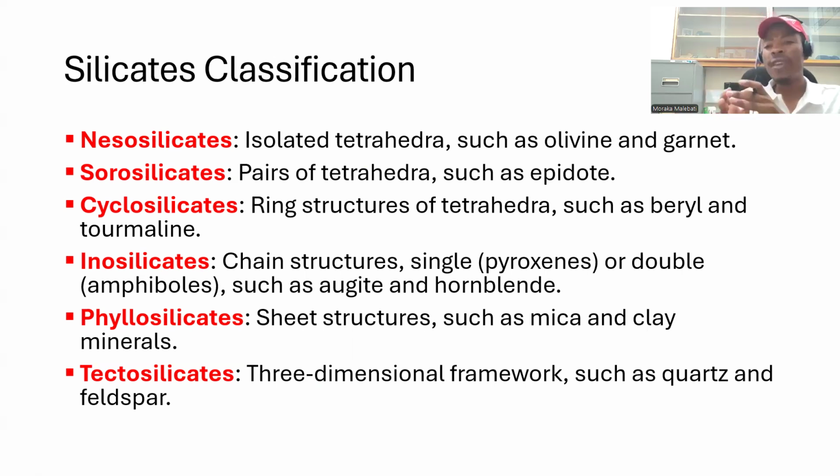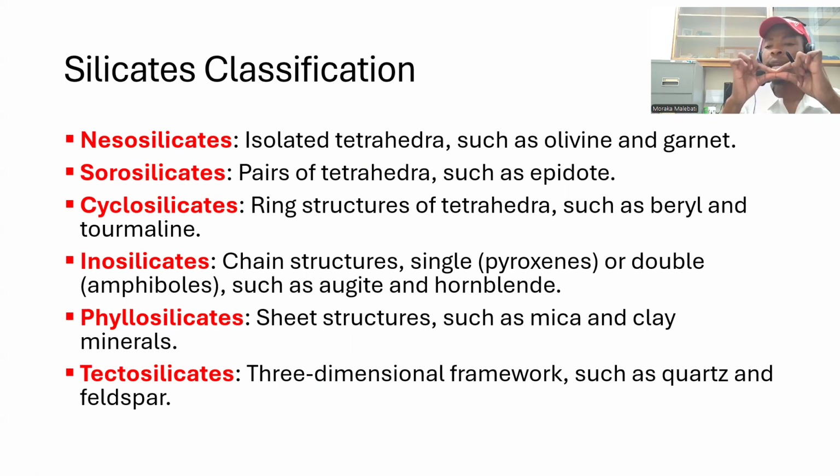With the cyclosilicate, you have the pairs of the tetrahedra, and now you take those pairs of tetrahedra and connect them in a ring-shaped fashion. Remember, in the sorosilicates you have two pyramids sharing one point.